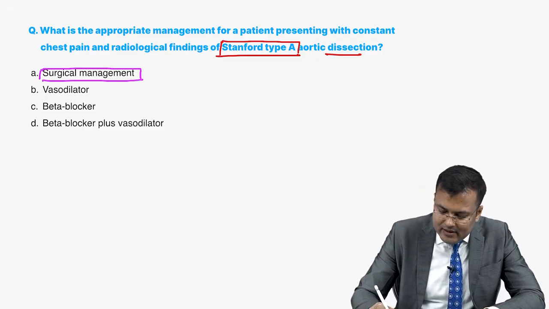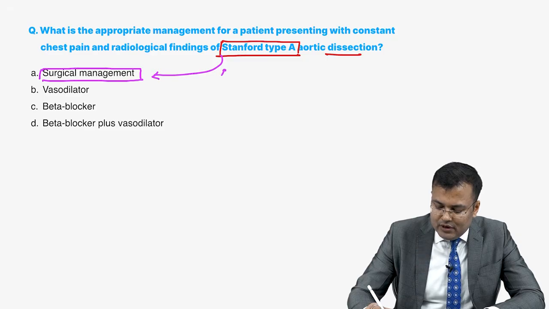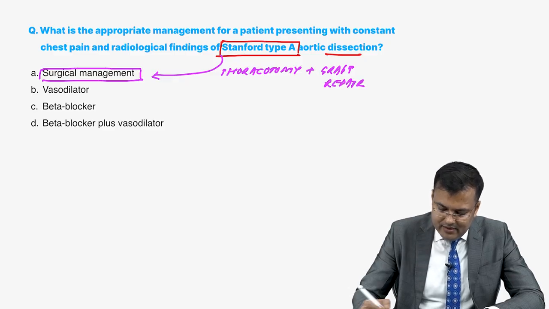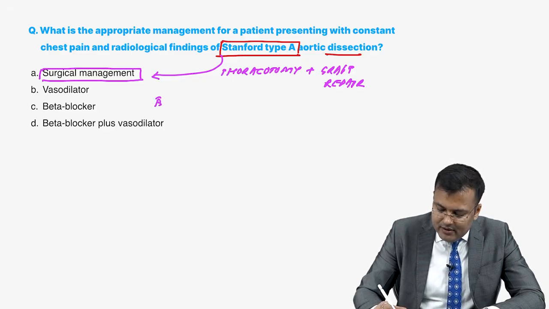So for type A, surgical management, thoracotomy plus graft repair. And Stanford B is medical management with antihypertensives.